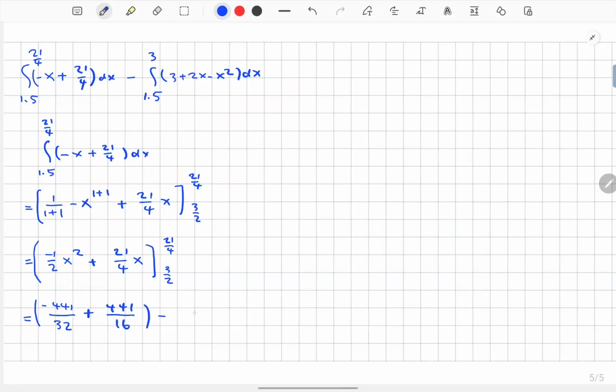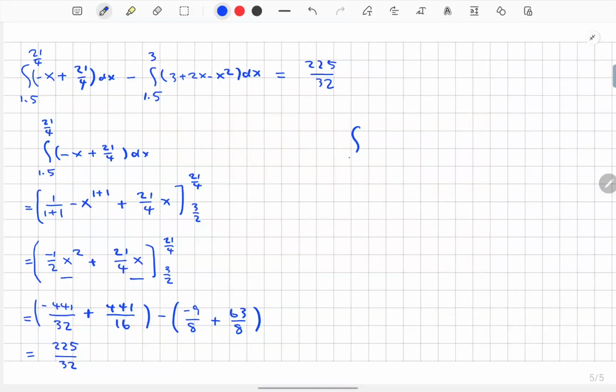Then this entire thing minus 3/2 into our first x, square it, then times negative 1/2, this is negative 9/8, plus 3/2 into our second x, 21/4 multiplied with 3/2, this is 63/8. You might need your calculator, and this entire thing is 225/32. So we can put this here. Then we'll do our second integral.